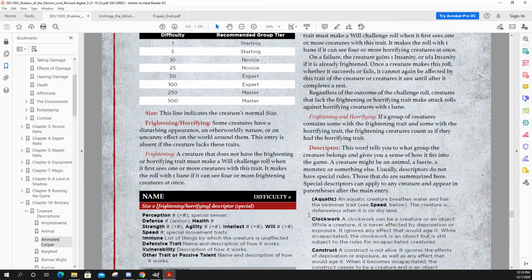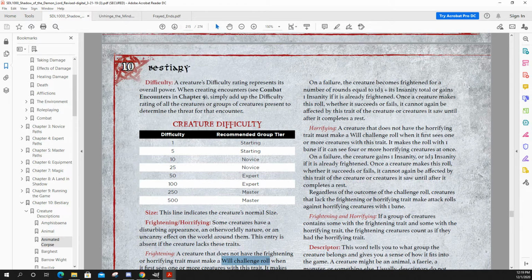So if you throw out 5 animated corpses, then the character must make a will challenge roll with 1 bane because it's 4 or more frightening creatures at once. If it's just 1, then they just do a straight up challenge roll.